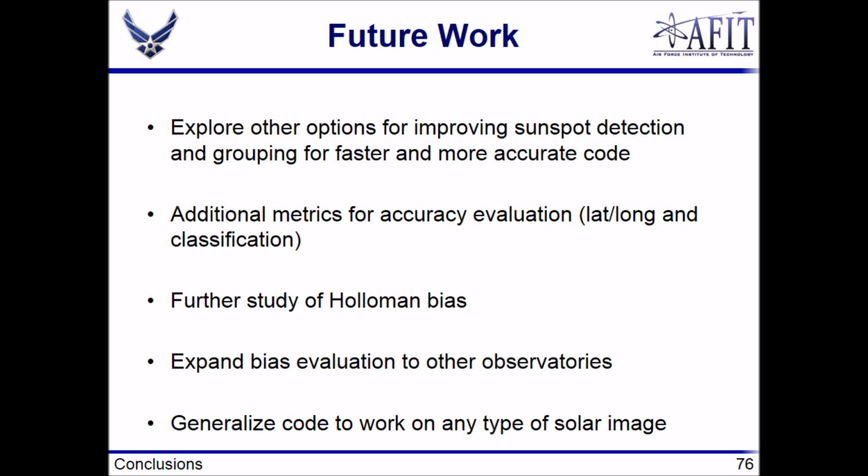I'd like to expand the bias evaluation to other Air Force observatories. Remember, we have 2 other observatories that we can evaluate. And then another cool thing that we could do would be to generalize the code to work on a bunch of different data sets. So not only can we use the SDO images, we could use SOHO images also, which would be really neat.